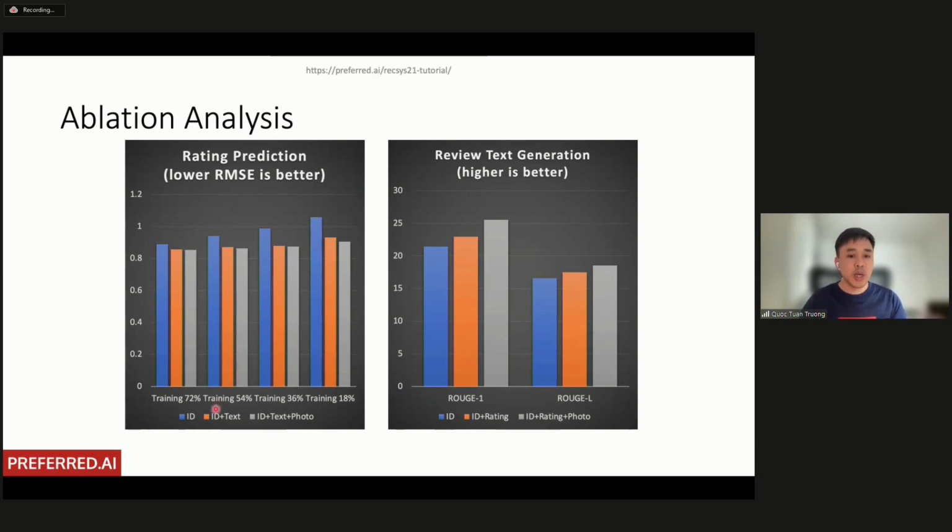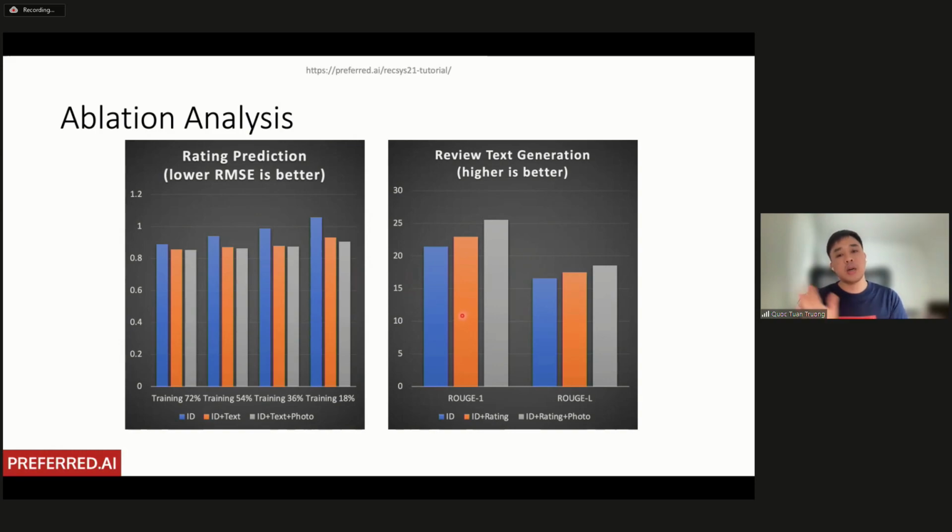When we also learn to generate the text, the text information influences the learned user and item embeddings, and with that we achieve better estimation error compared to learning without the text. And when we add the photos, the estimation of the rating doesn't improve much, as you can see between the gray and the orange.